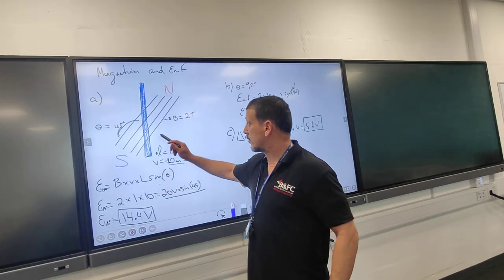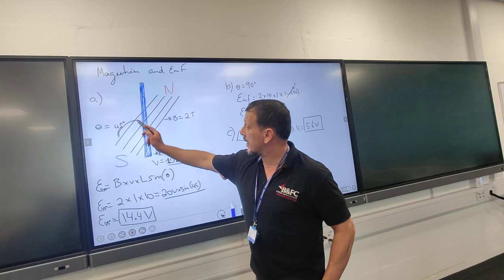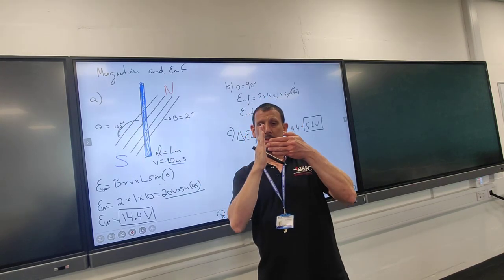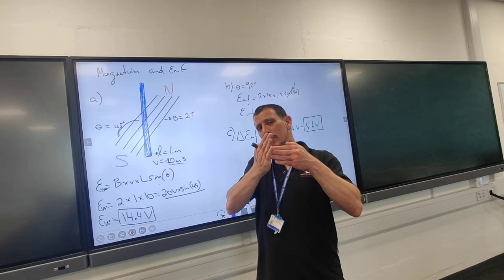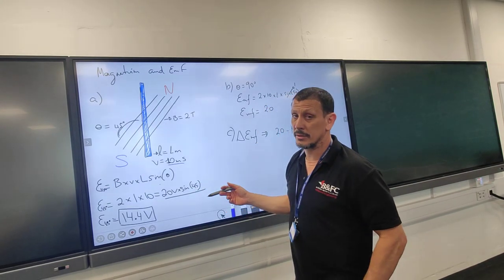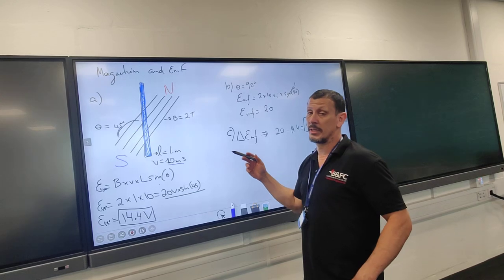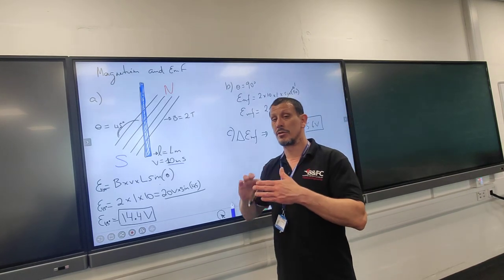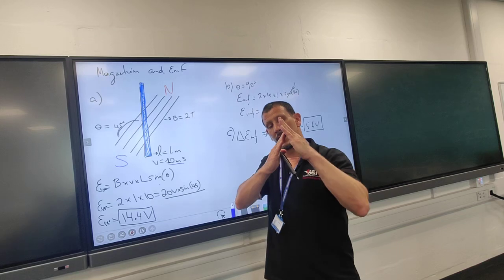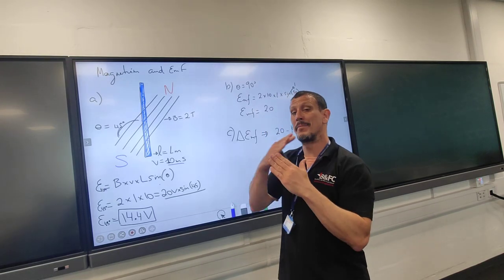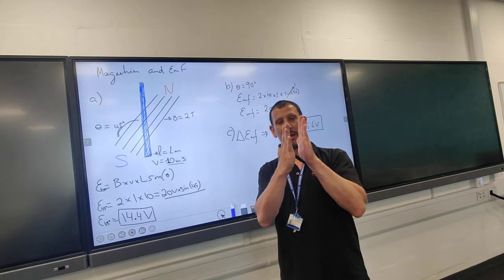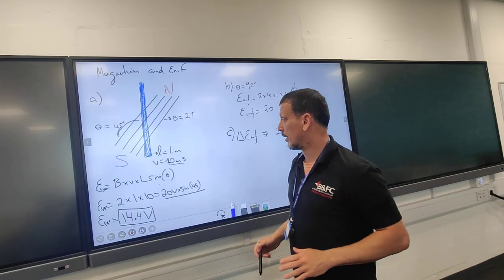Here the wire is at 45 degrees, so it's not cutting perpendicular, it's got a slight angle to it, which will reduce the amount of voltage transferred. The maximum transfer of EMF is when it's perpendicular, exactly 90 degrees. When it's got a slight angle, you get a bit less transfer. And when it's parallel, you get no transfer, it's zero.